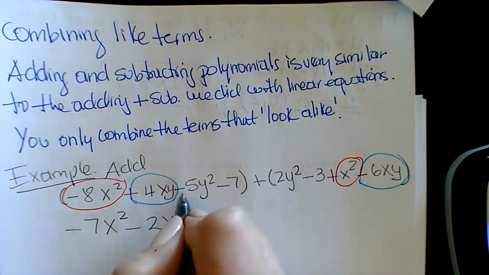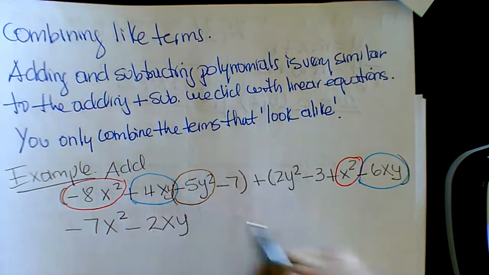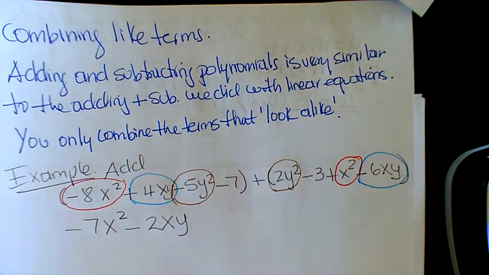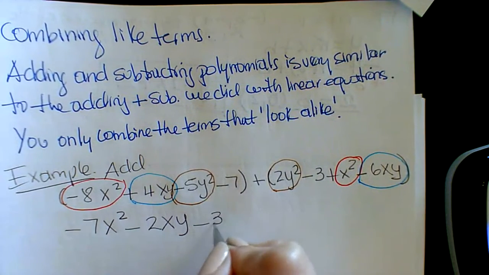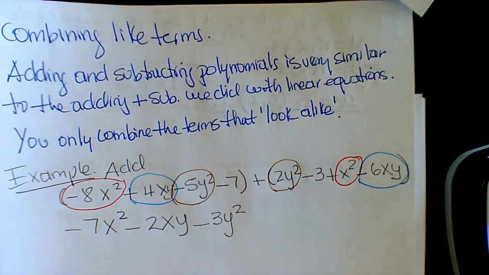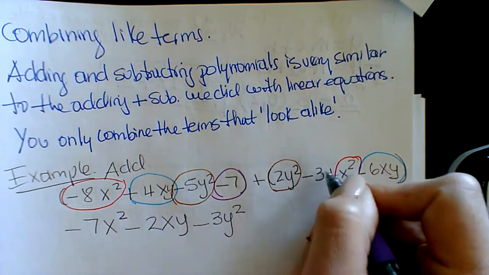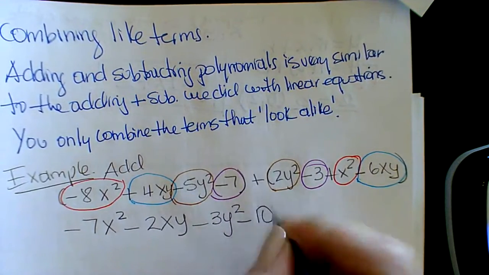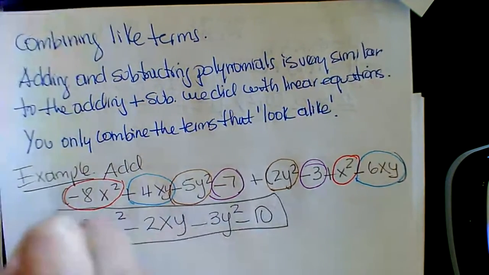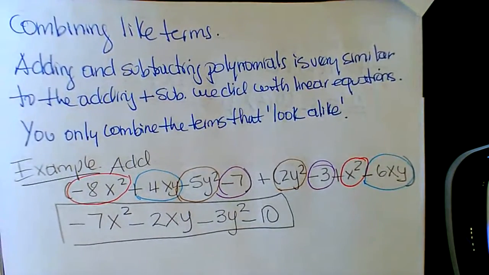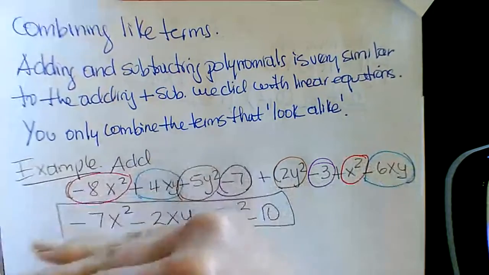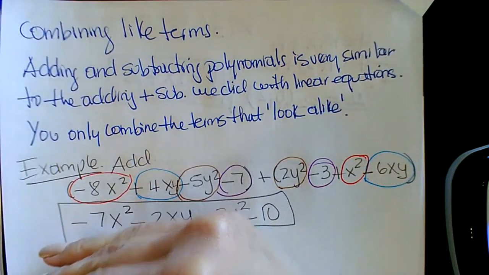Then negative 5y squared plus 2. That's going to give me another negative 3y squared. And the last one is a constant, negative 7 minus 3. That will be negative 10. You can do it that way, or you could do it one and then you write down the other one. I'll show you.